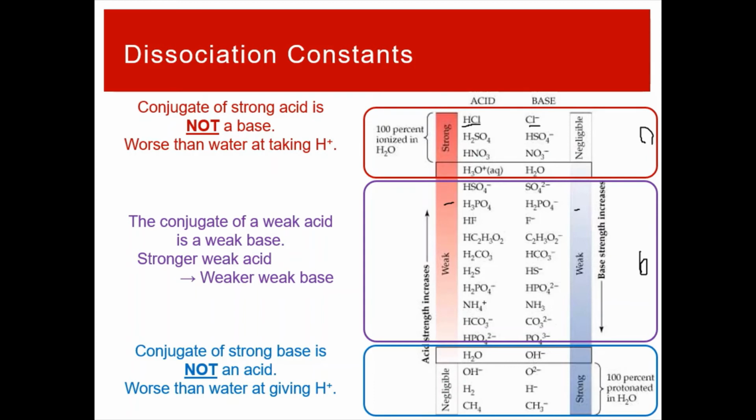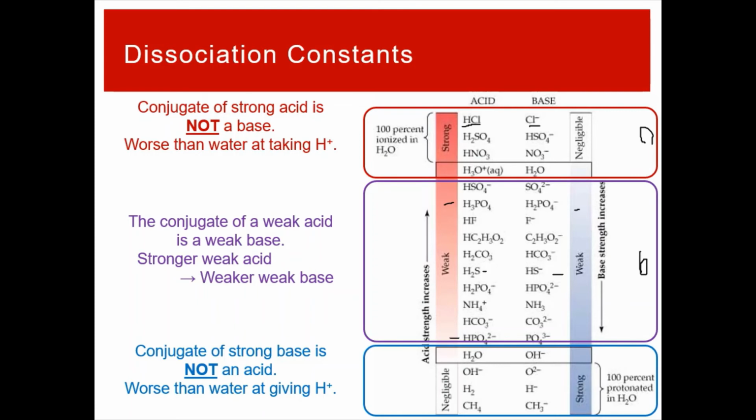So the middle ground, H2S, is one of the most middle-ground acids, that Goldilocks, that perfect just right. H2S is not very good at changing the pH, but not very bad. HS minus is not very good at changing the pH, not very bad. They are both just middle of the road, so neither is very good or very bad in the pair. But something like HPO4 2 minus is one of the weakest weak acids.